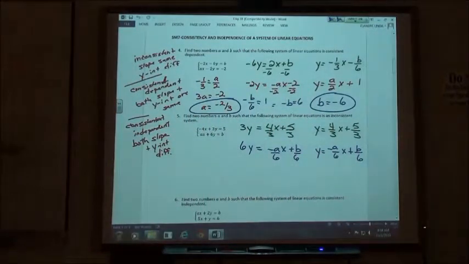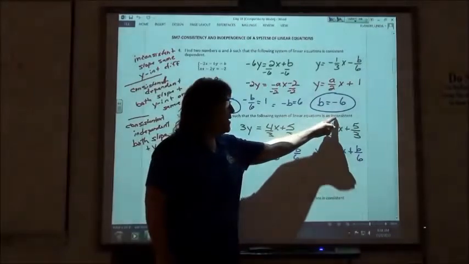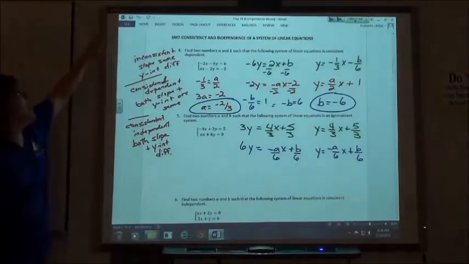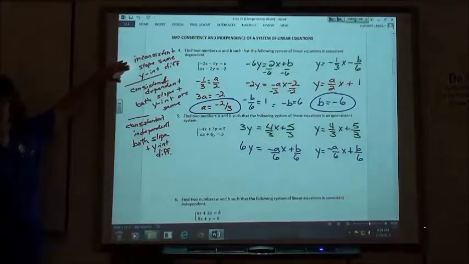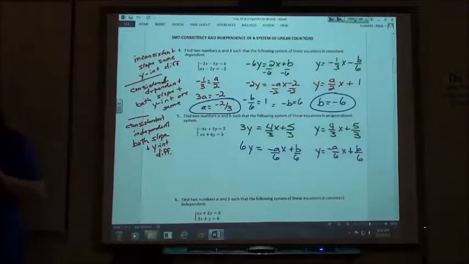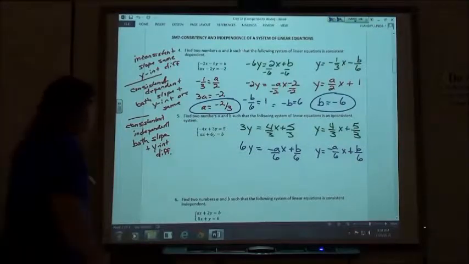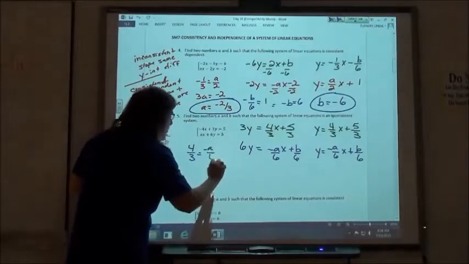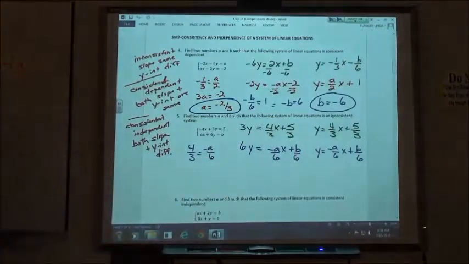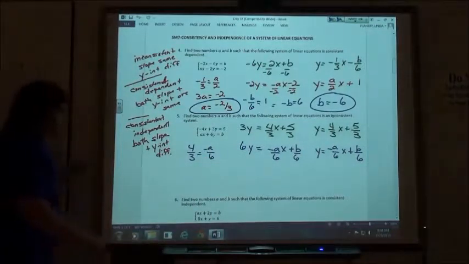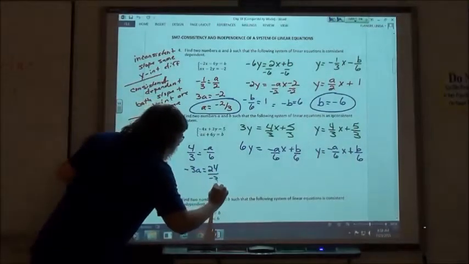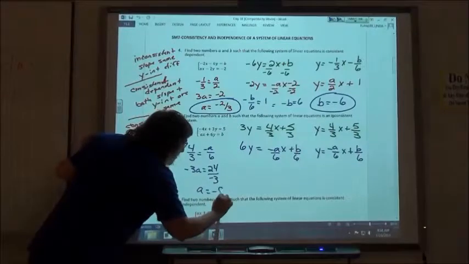Now this one wants us to do an inconsistent system of equations. So for an inconsistent one, I want my slopes to be the same. My y-intercept is going to be different. So with my slope, the 4/3 is going to equal negative a over 6. So negative 3a would equal 24, and when I divide, a is going to equal negative 8.